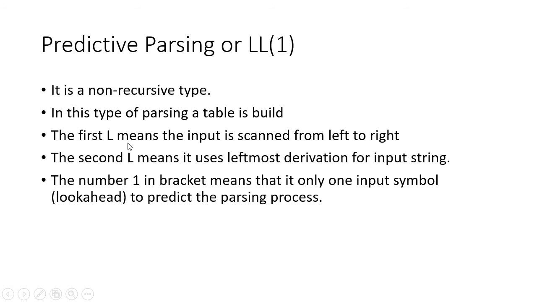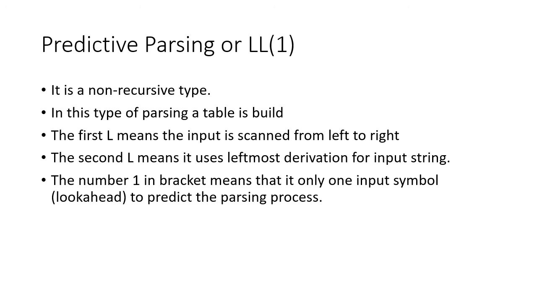Now in this parsing, the first L stands for input is scanned from left to right. That means you start the input from left to right. For example, for predictive, we have to search for P first, then R, then E, then D, then I, and so on. That is from left to right. The second L means it is leftmost derivation for the input string.